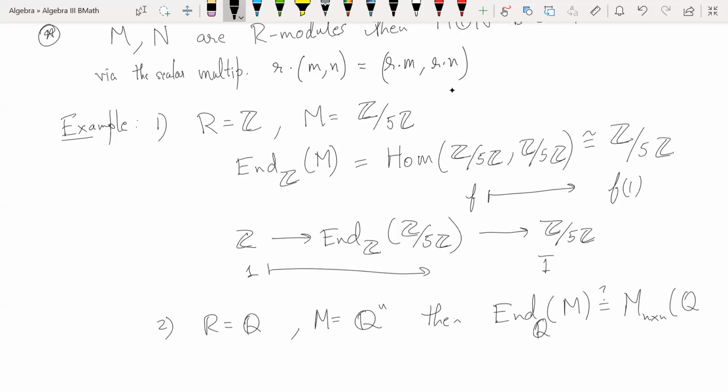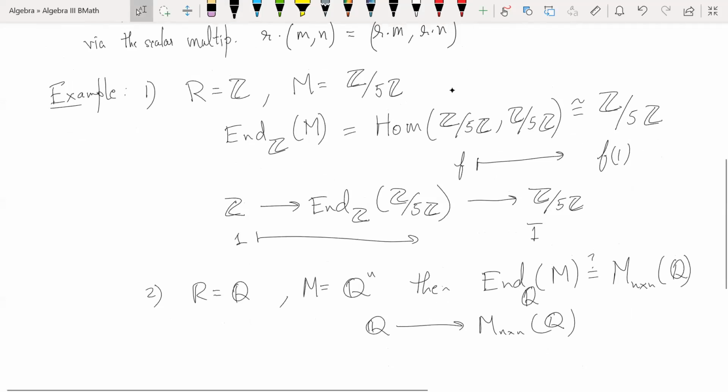And what is the map from Q to End(M)? If you chase down this diagram, what will you get? Any guesses? Diagonal matrices with Q on the diagonals. Diagonal, but you can't get every one, only scalar multiples. Yeah, exactly.